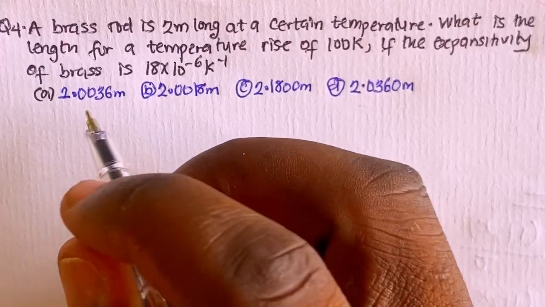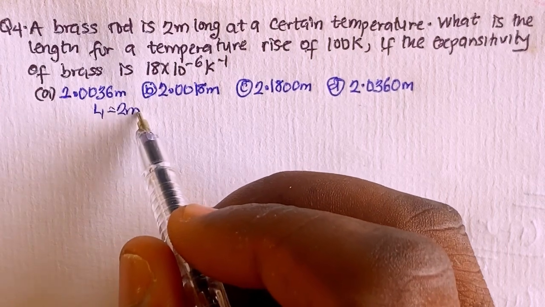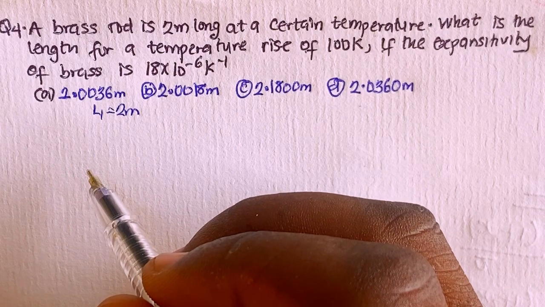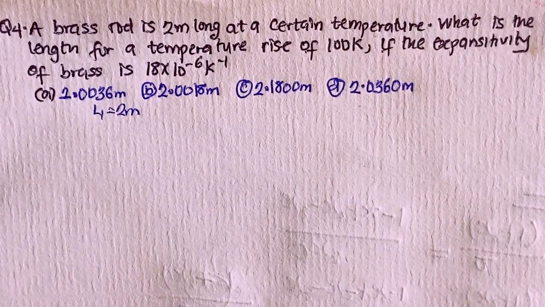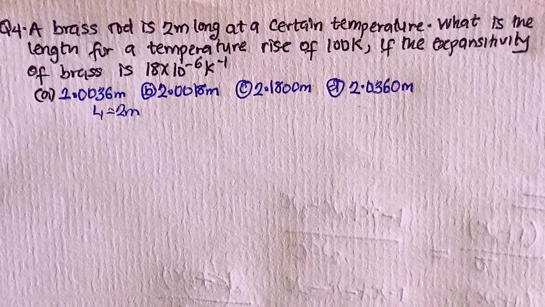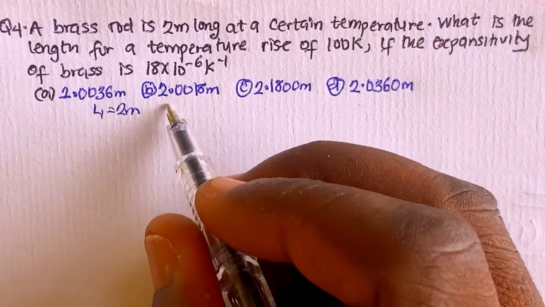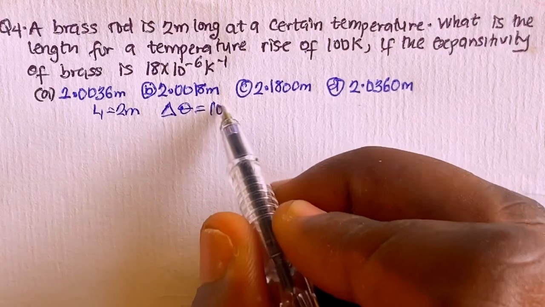The original length of the brass is actually 2 meter, right? 2 meter long at a certain temperature. What is the length for a temperature rise? Temperature rise means change in temperature, that's delta theta, right? So in this case, we are given delta theta to be 100 Kelvin.